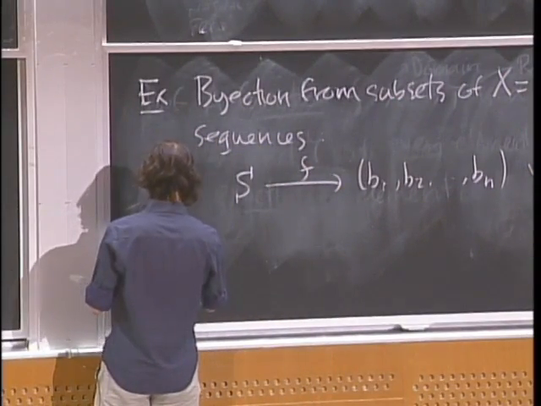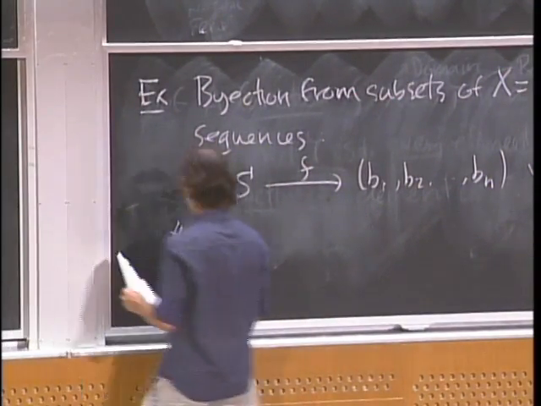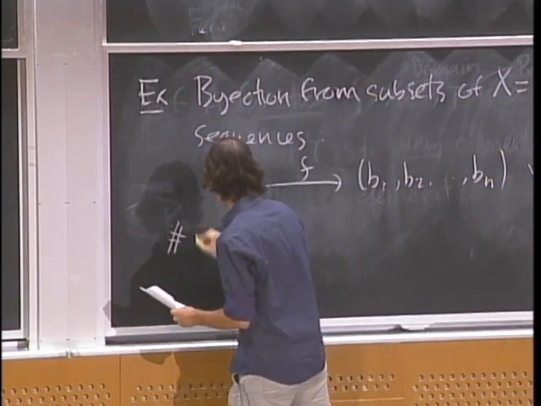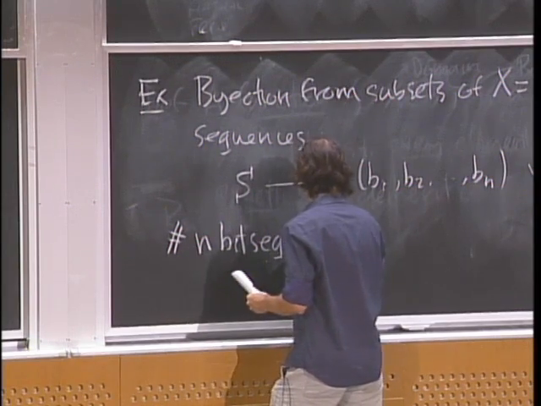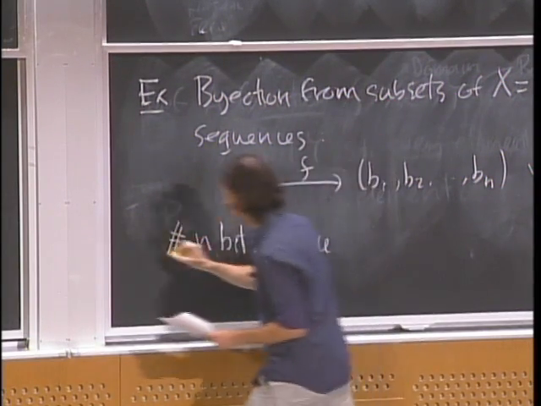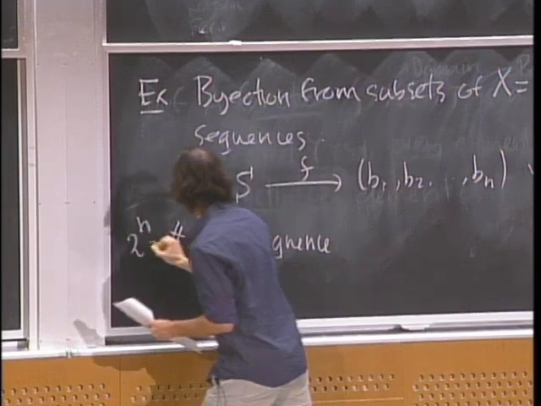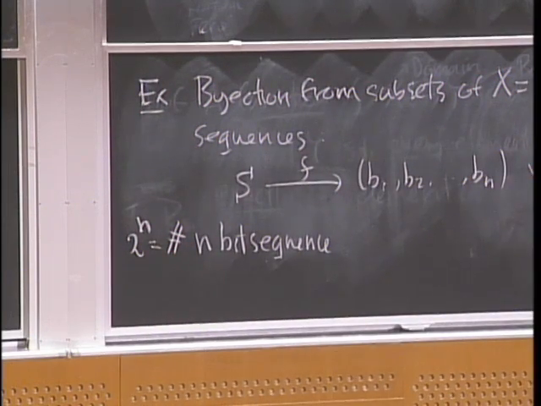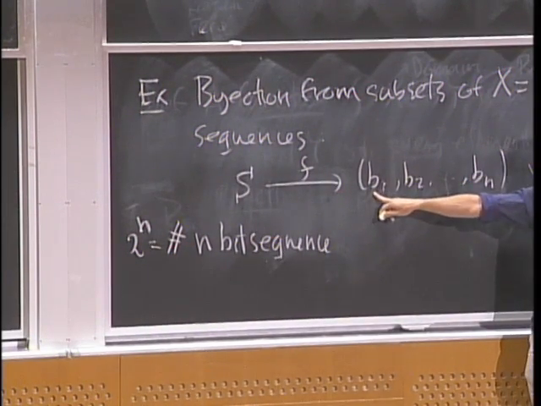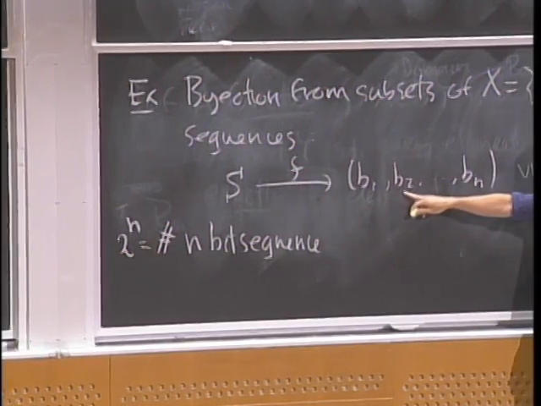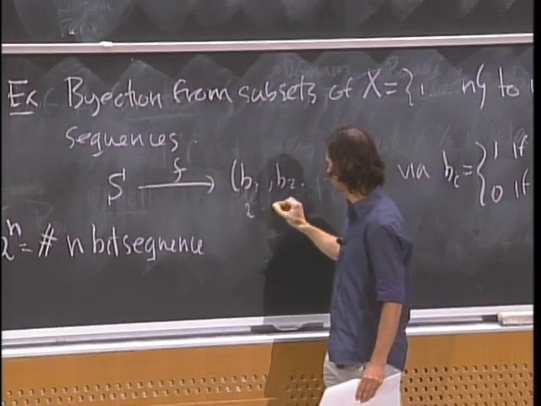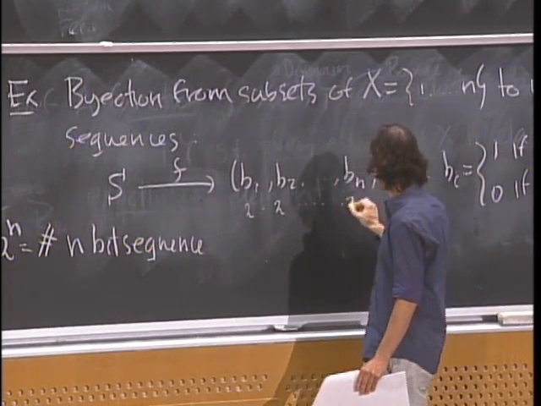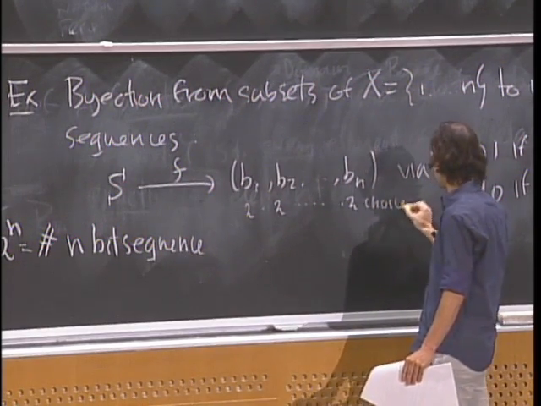So how many n-bit sequences are there? Well, there are 2 to the power n n-bit sequences. Why is that? Well, we have two choices for B1, a 0 or a 1, two choices for B2, 0 or a 1, and so on. So we have 2 times 2 times 2 choices over here.